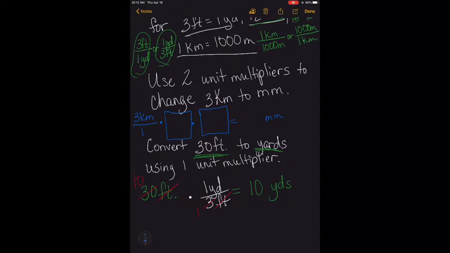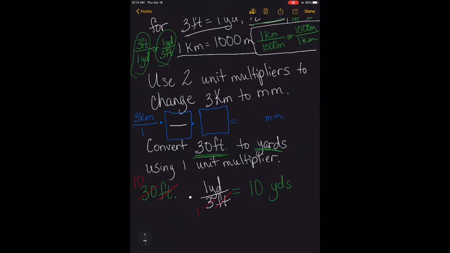Okay, so kilometers, usually when you're going from kilometers to anything, you'll always go to meters first. So I'll put our unit multiplier in white. Well, let's talk about the 2 unit multipliers we could use.